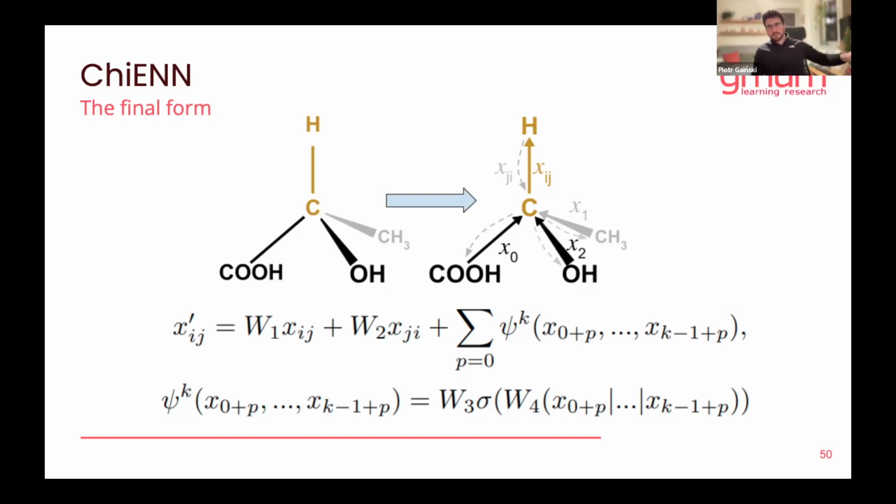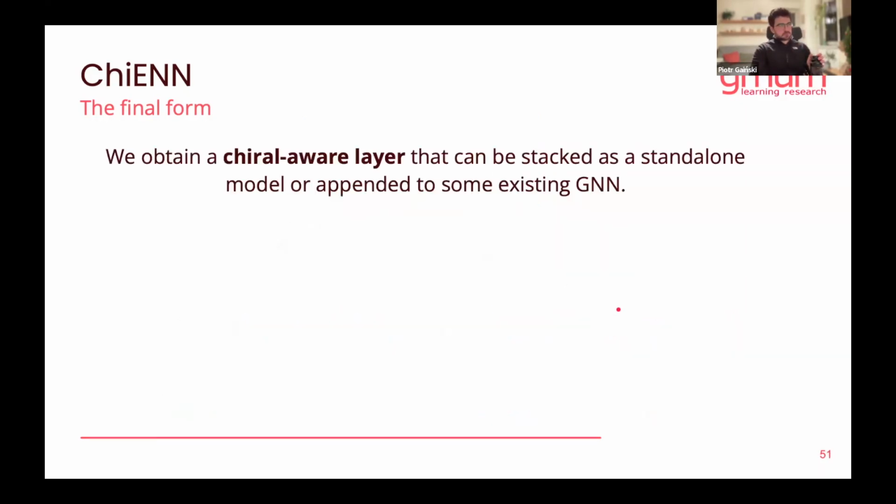Okay, so are there any other questions? Okay, and as a result, we obtained, let's say, a chiral-aware layer that can be stacked and used as a standalone model, or it can be appended to some existing GNN.